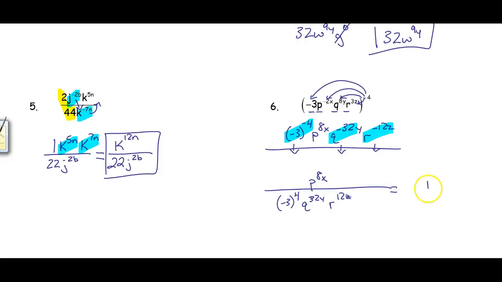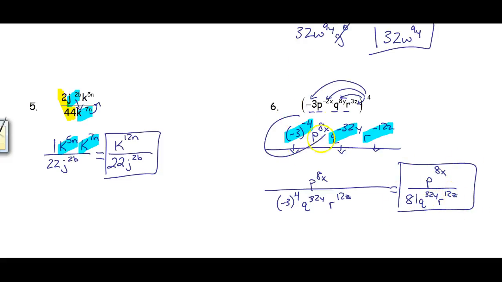So this gets p to the 8x over 81 q to the 32y r to the 12z.